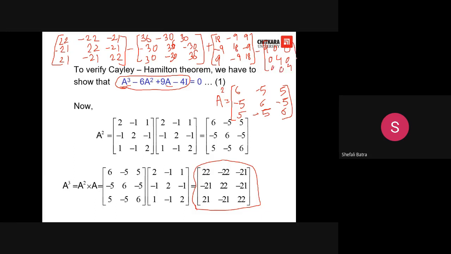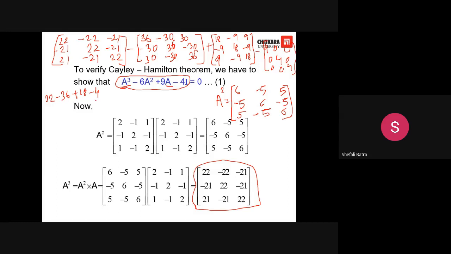Now you will check it. 22 minus 36 plus 18 minus 4. Check it out. 22 minus 36 plus 18 minus 4. Is it 0?